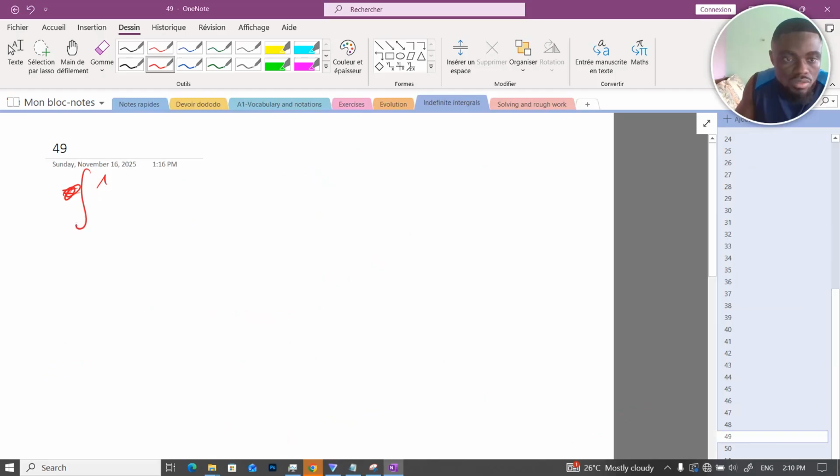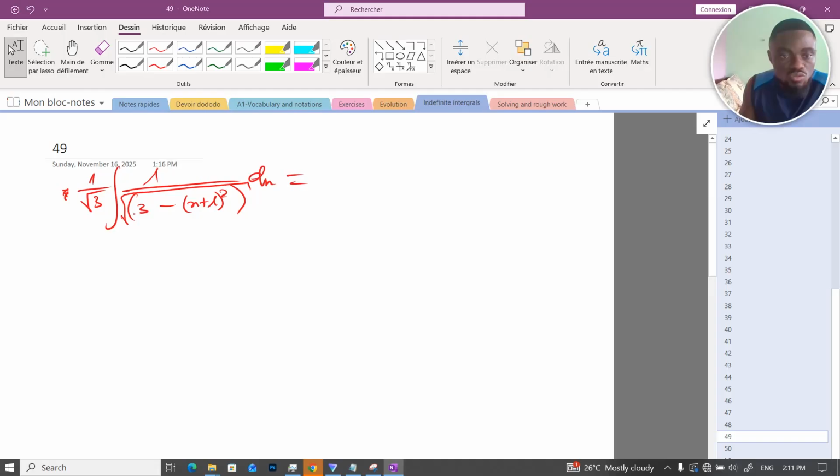So 1 on root 3 integral of 1 all over the square root of 3 minus x plus 1 squared dx will be equal to what? So what we have to do, we first have to make this become 1. So we factorize 3. This will be 1 on root 3 integral of 1 all over, I'll factorize 3 here.